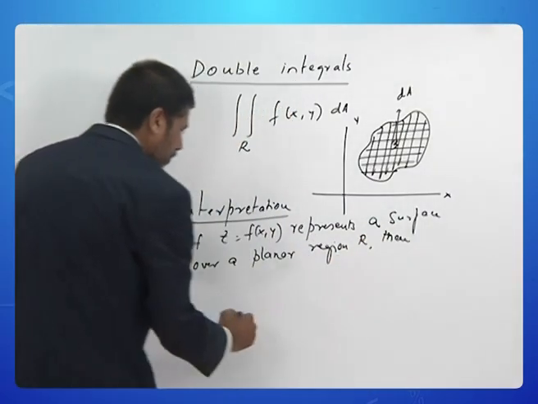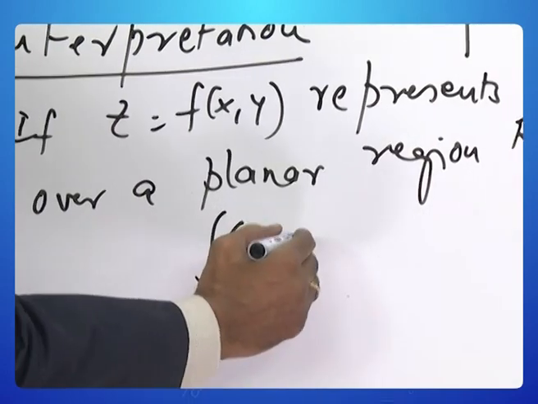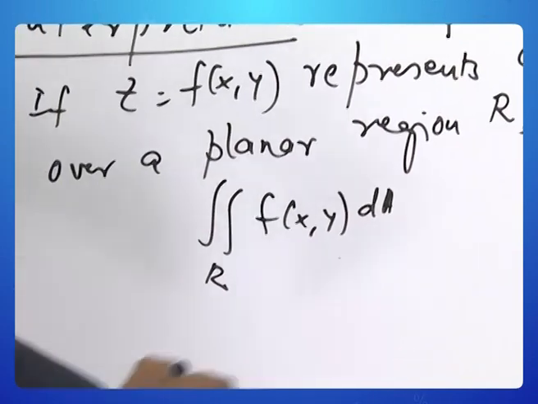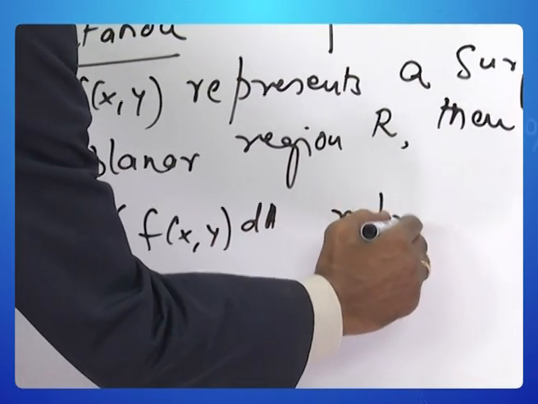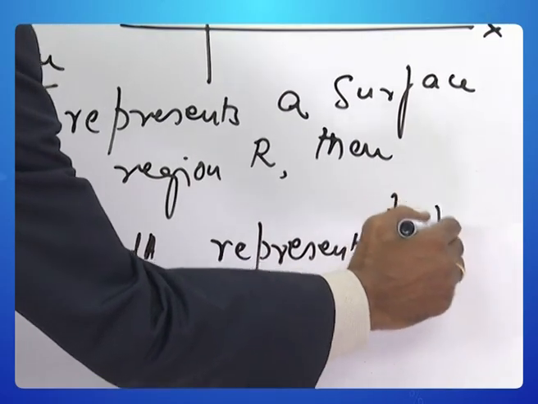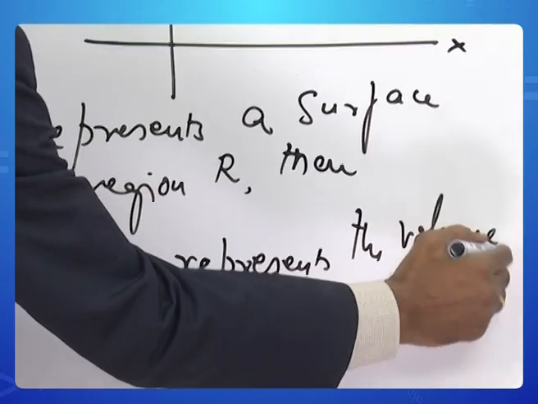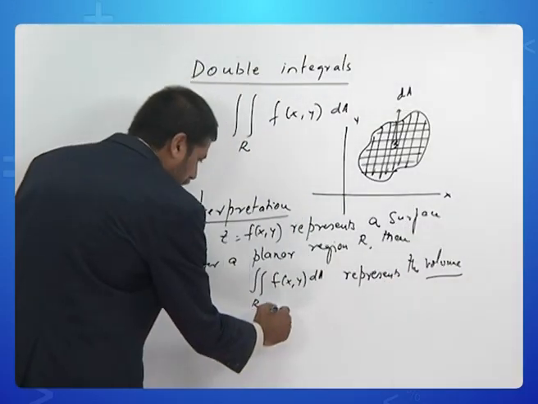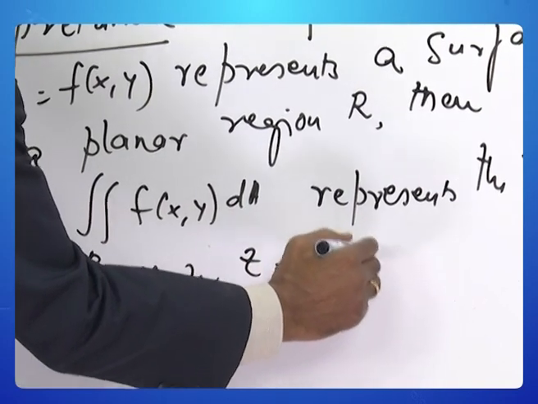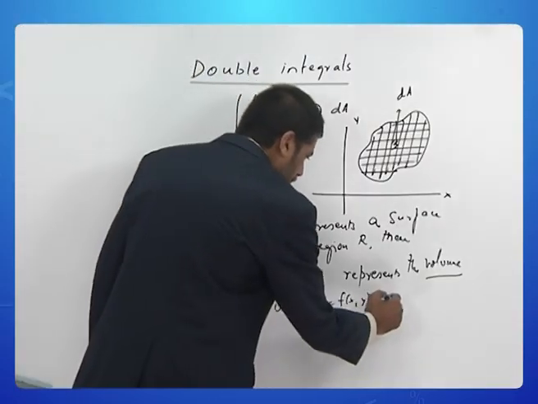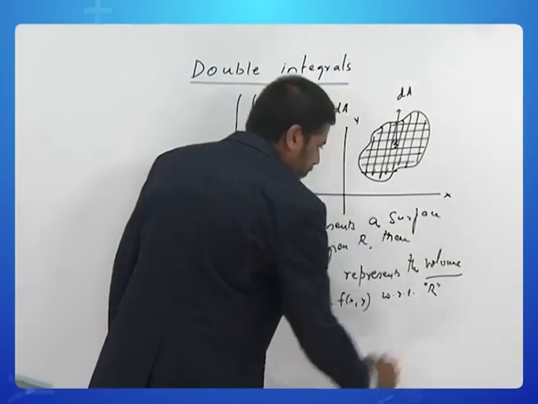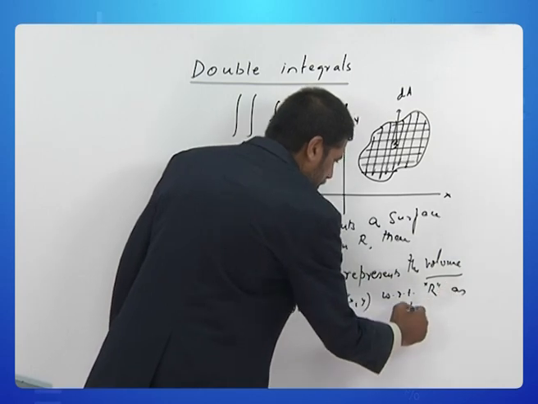then the double integral f of xy dA over R represents the volume under z is equal to f of xy with respect to the region R as base.